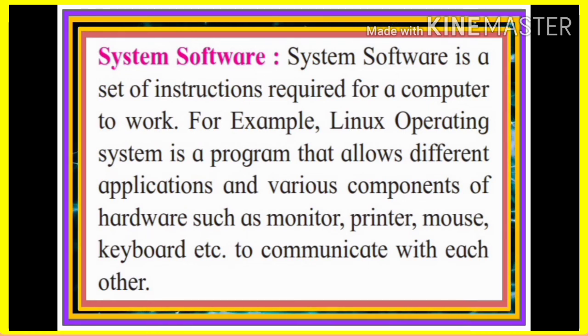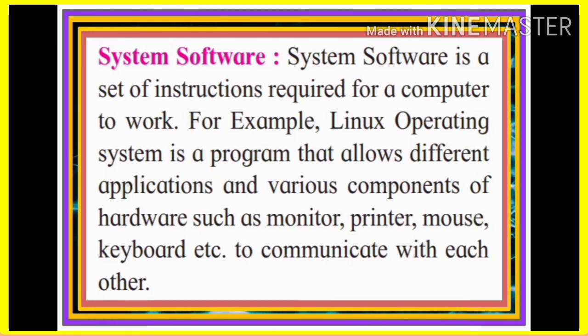Operating system is the common example of system software. There are different types of operating systems: Windows, Linux, Unix, etc. Linux is a freeware operating system that allows different applications and various components of hardware to communicate with each other.